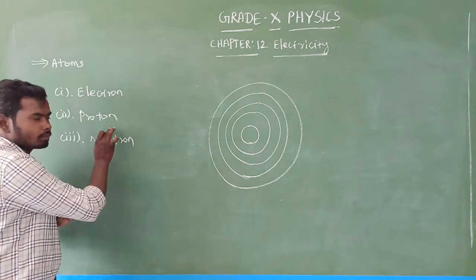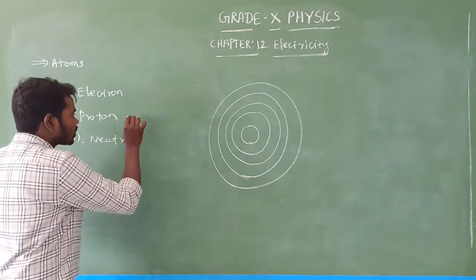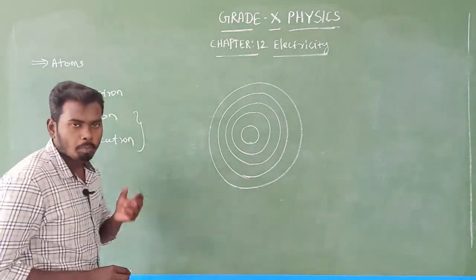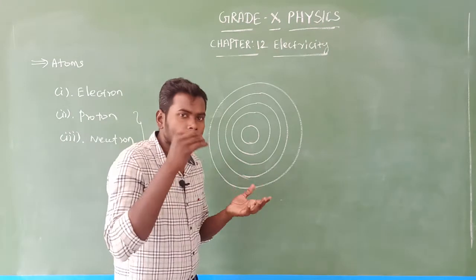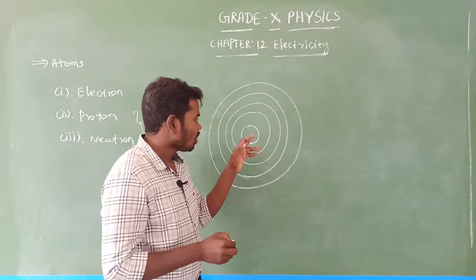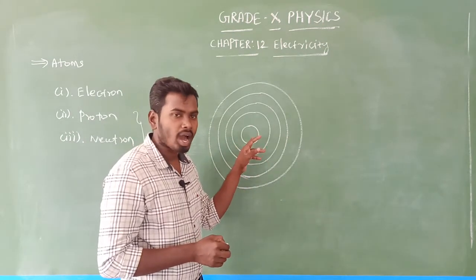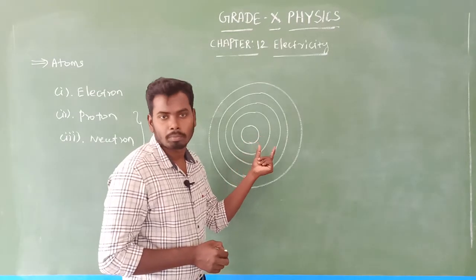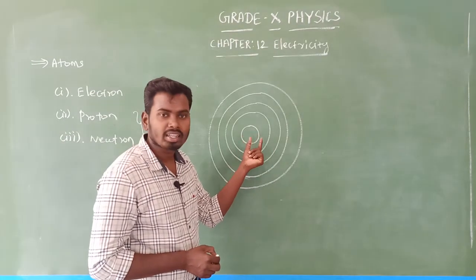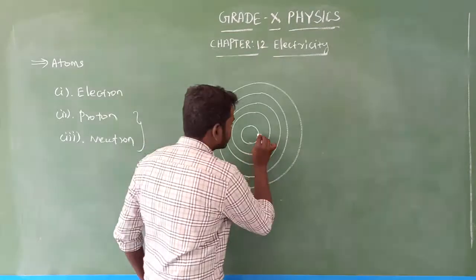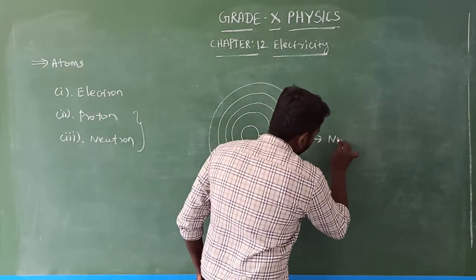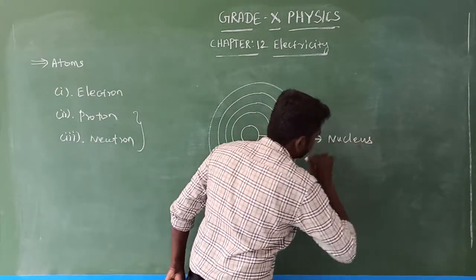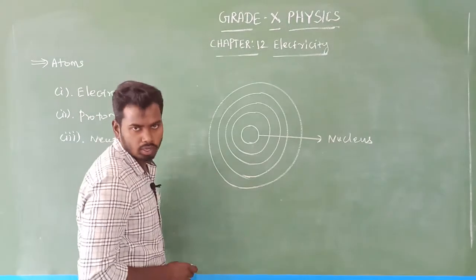This proton and neutron, both particles, are held firmly, which means placed firmly, at the center of an atom. The center of an atom is called the nucleus.